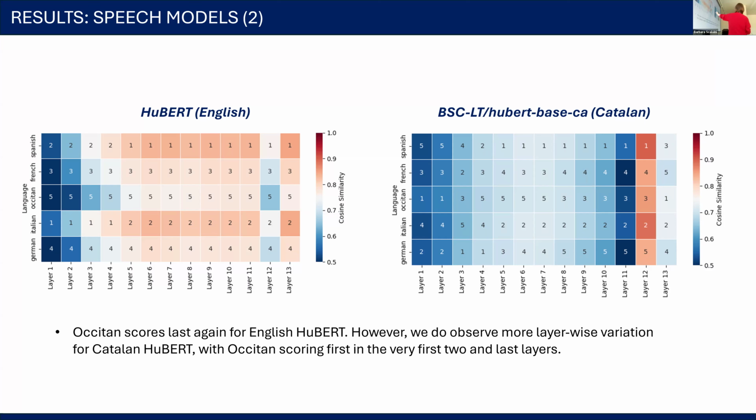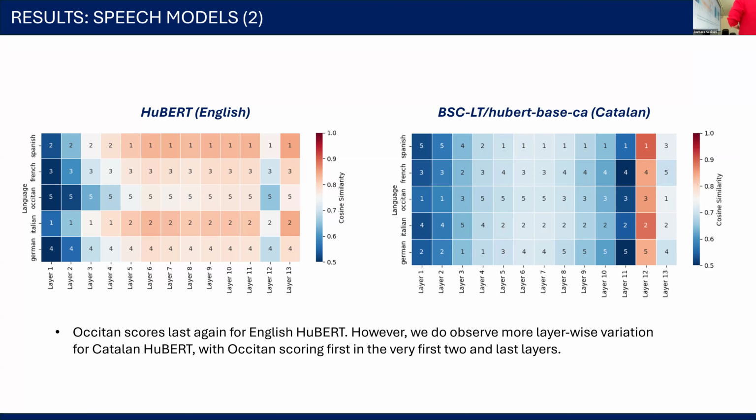It changes a little bit in terms of Catalan HuBERT, where in the very, very first layers and in the last, Occitan is suddenly first. So this gives us a clue that there is a big change that depends on the data distribution of the model. So it is not enough to just look at theoretical information about the language.